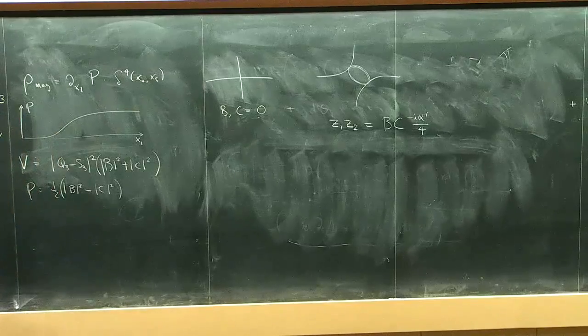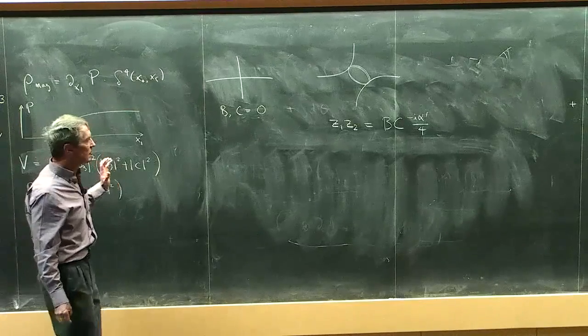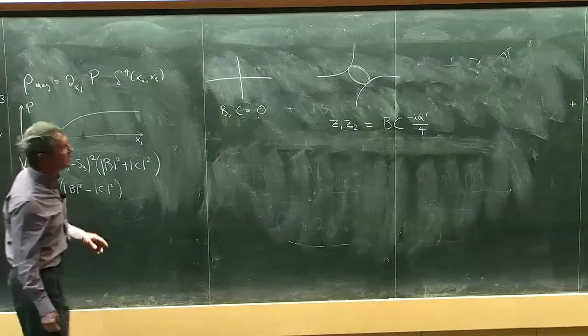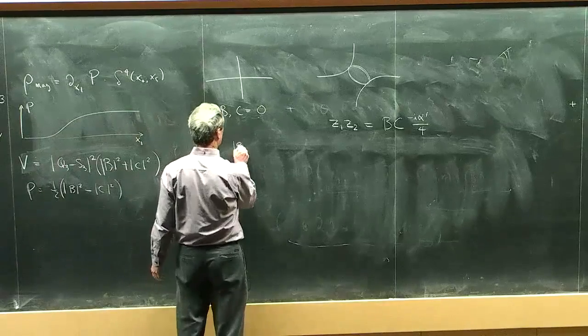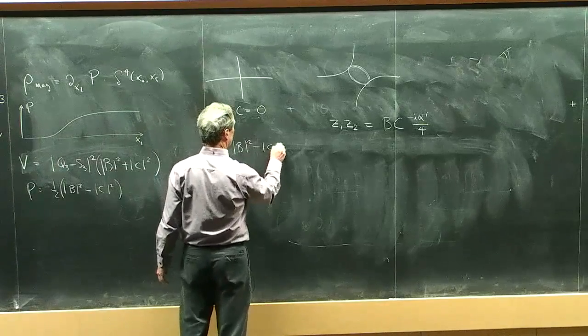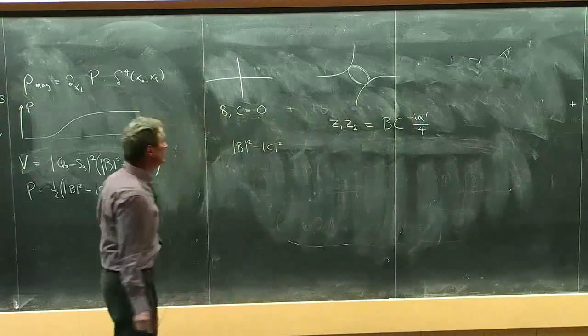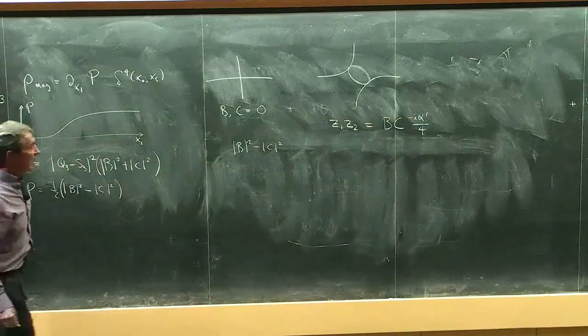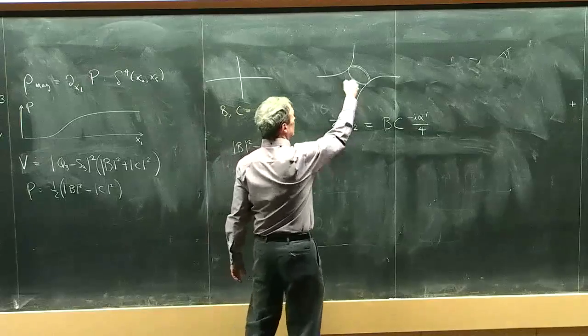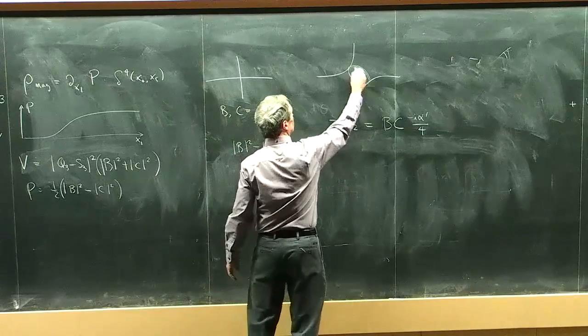The important thing is this relation. So B and C have this interpretation, but now what is the interpretation of B squared minus C squared, the thing that appears in the magnetic charge, the U(1) D-term? Well, that is also a field in the blow-up.